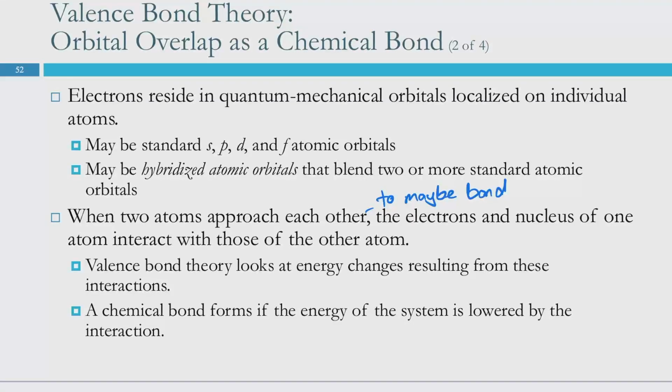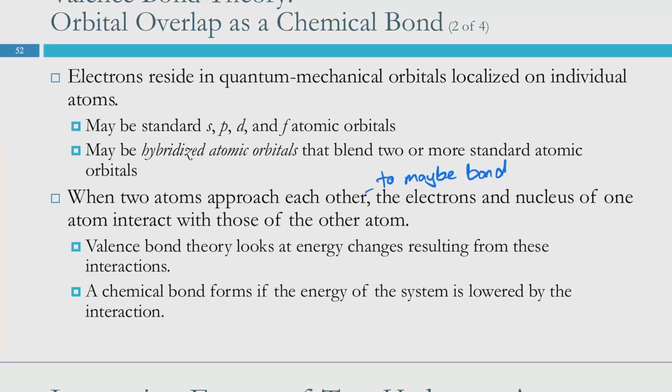And depending on how they interact with each other, they either will form a bond or they won't form a bond. So valence bond theory, we're going to be looking at energy changes resulting from those interactions. And in general, a chemical bond is going to form if the system's energy, that molecule, those atoms' energies, is lowered, if they're stabilized by that interaction.